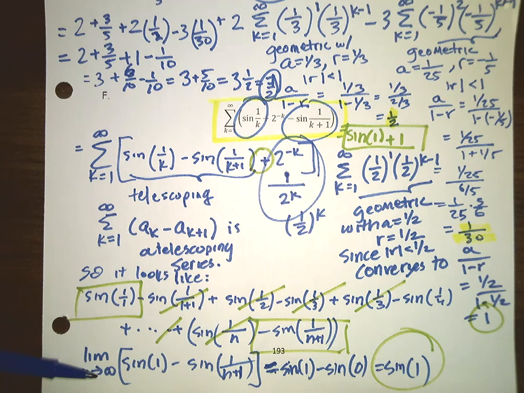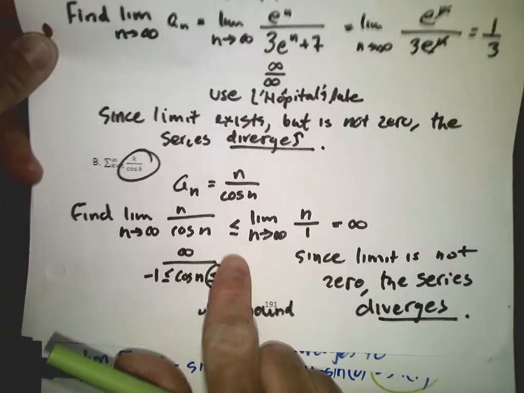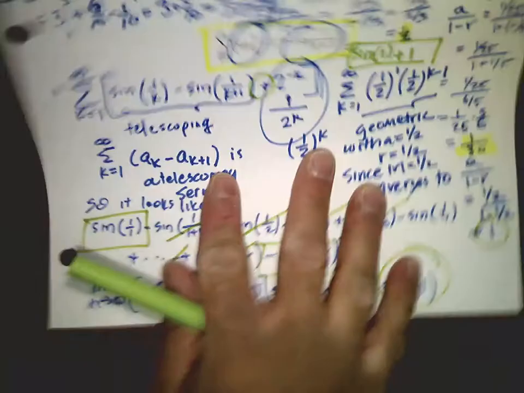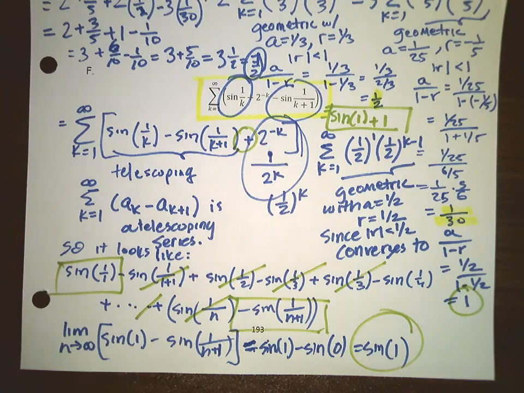The only 3 approaches I've really had were rewriting as a geometric series, or putting a bound on it, like I did with the cosine of n, or looking at a telescoping series. Those are the only 3 techniques I've used so far. So just remember that also. This one was a little bit all over, possibly, but hopefully you enjoyed that.